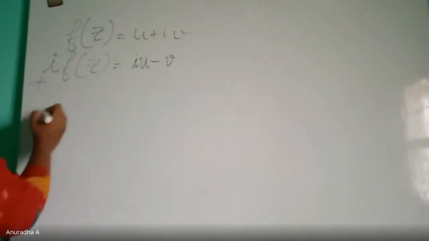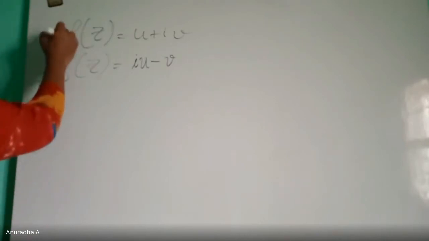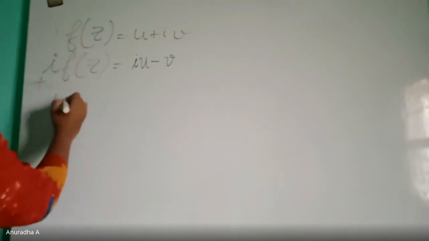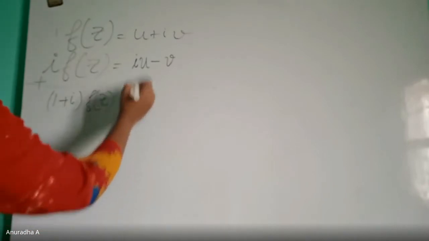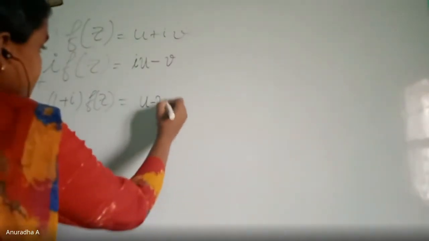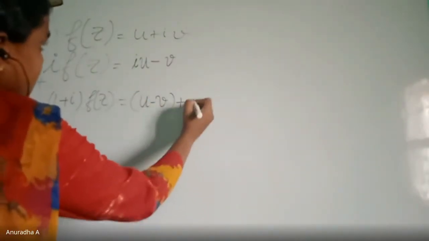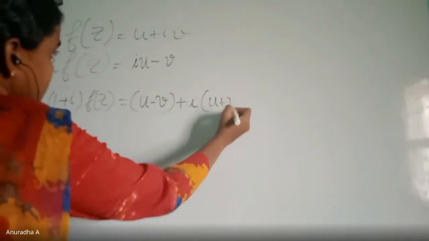Now add. If I add, what will happen? It will be 1 plus i times f of z. Don't add like u plus iu, please don't do that. Real part with real part, imaginary part with imaginary part. We can add only like that for complex numbers. The real part is u minus v and the imaginary part is u plus v.